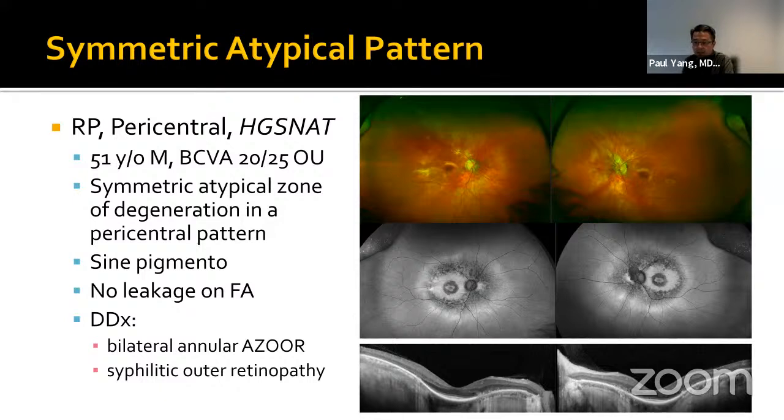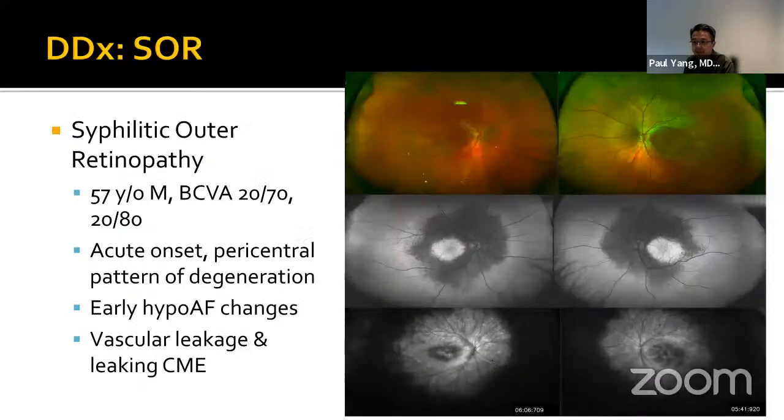And this is RP due to a gene called HGSNAT. But it can mimic another condition called bilateral annular variant of AZOOR or syphilitic outer retinopathy, and I'll show you what that looks like. So this is syphilitic outer retinopathy. All right, so if you look at it, it's still got this kind of pericentral pattern.